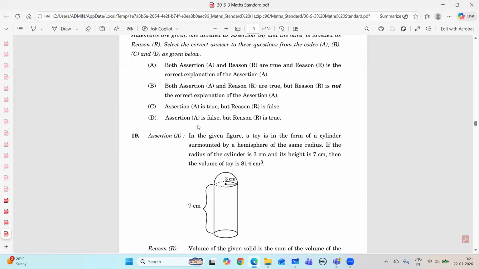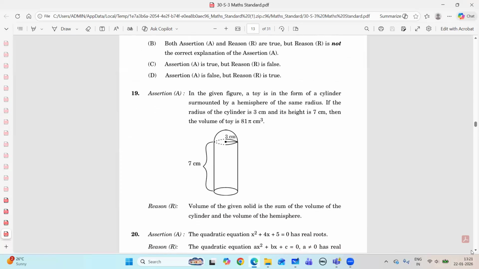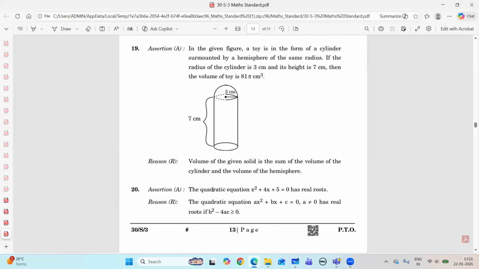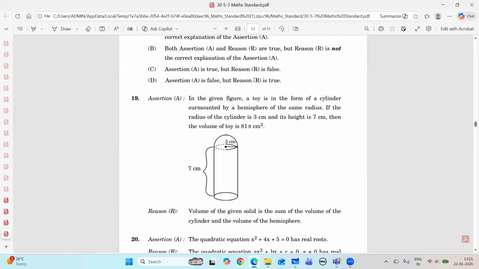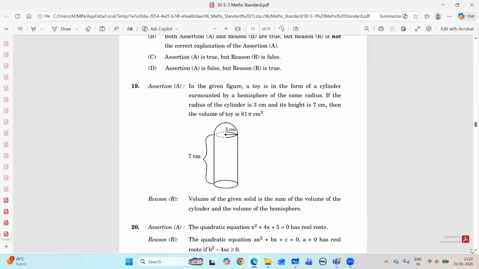Reason is true, but assertion is false. So D is the correct answer.